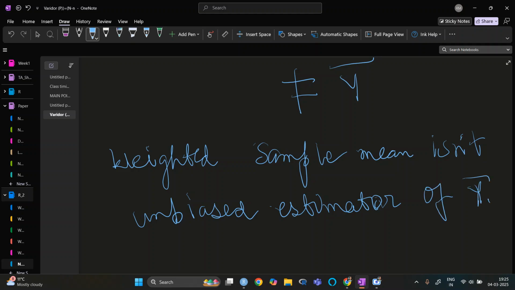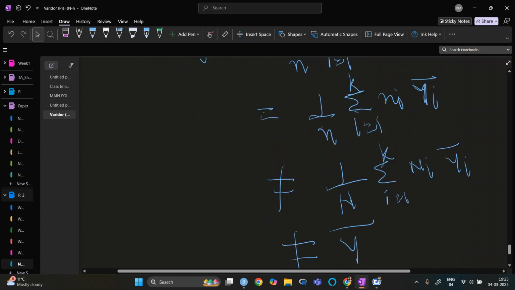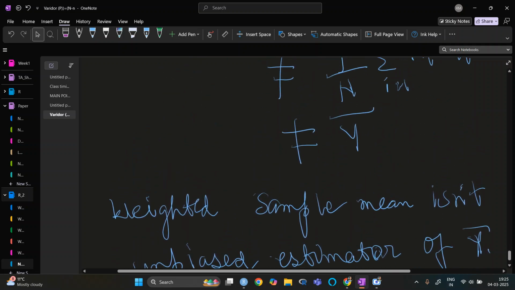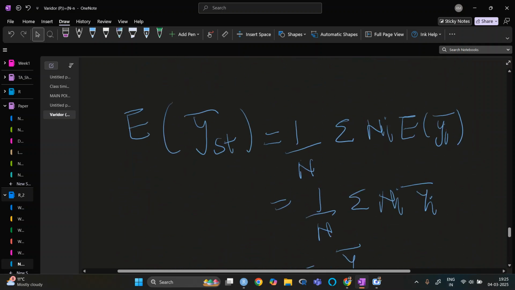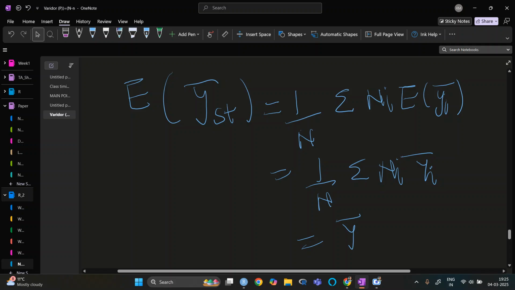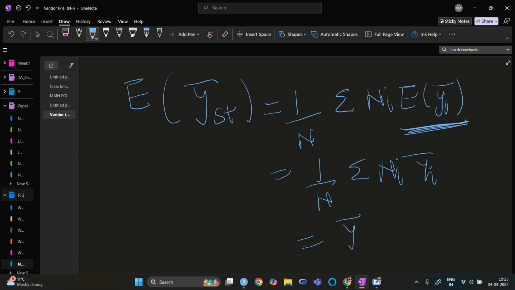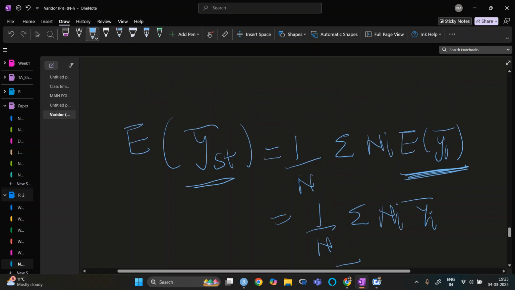Let's say Ȳ, I'm just writing. So the weighted mean is not an unbiased estimator of Ȳ. For the sample one, we need to take it directly. So we need to take expectation of ȳ_i here, and then 1 upon n summation, and we will continue with this. So we need to take ȳ_st.